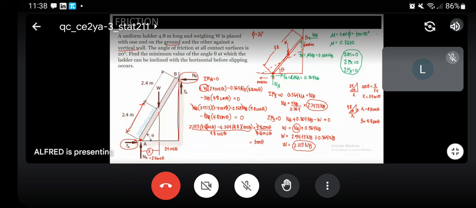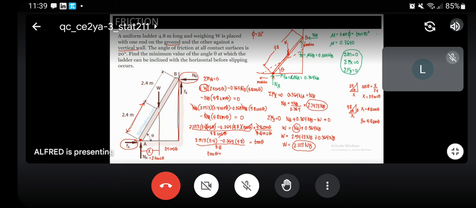Sine over cosine. Tangent, di ba? And then maka-cancel si cosine of theta, pati si cosine of theta. So ang matitira is 3.1113 times 2.4 minus 0.364 times 4.8 divided by 4.8. So what's your tangent of theta?